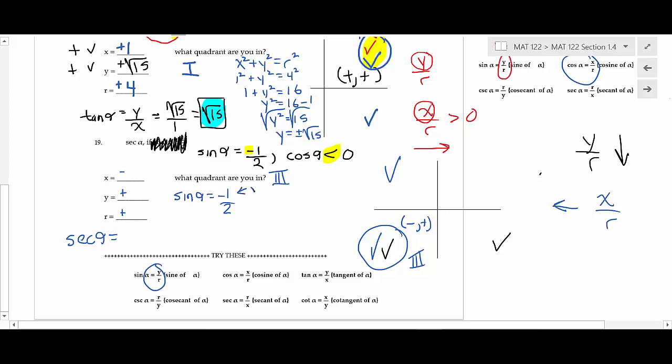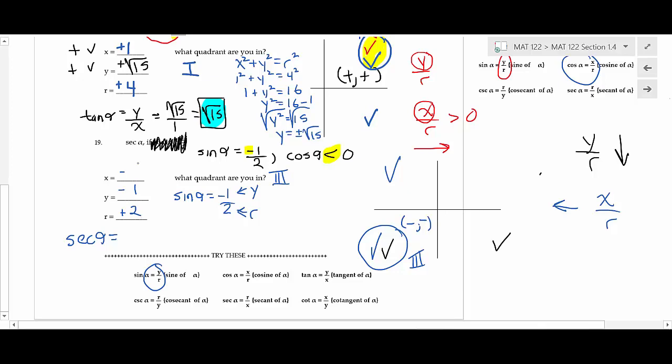So that's going to tell you that y is negative. Sorry about that. So that means y is -1 and r is 2. Okay, since we're in quadrant 3, both x and y are negative.